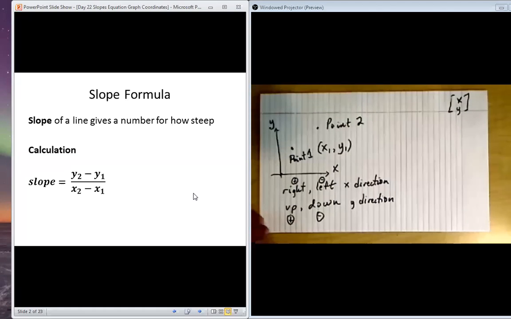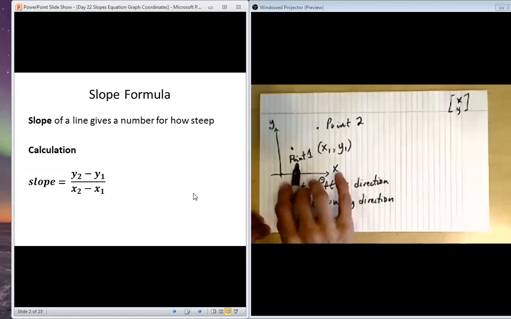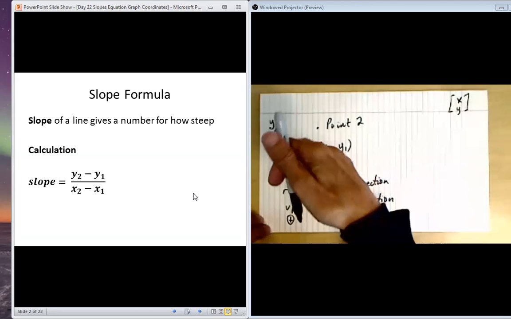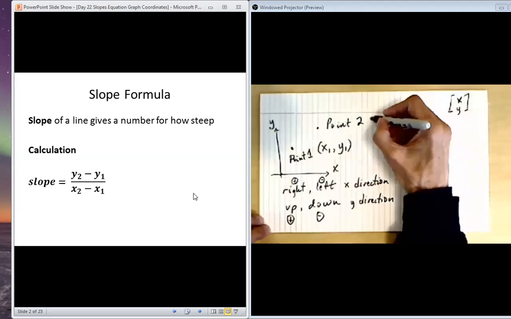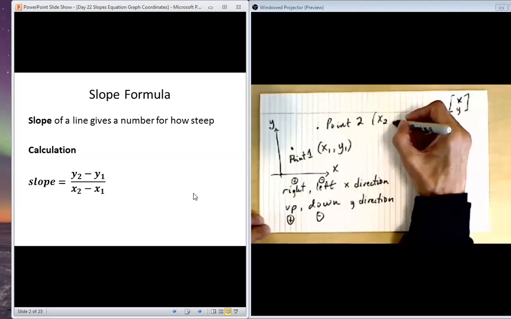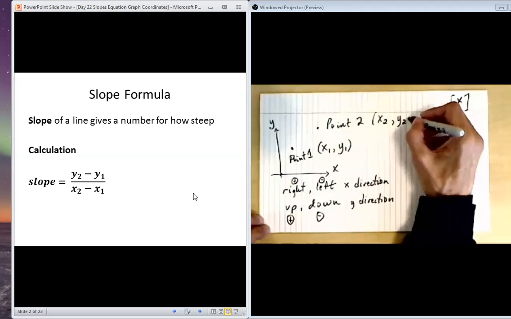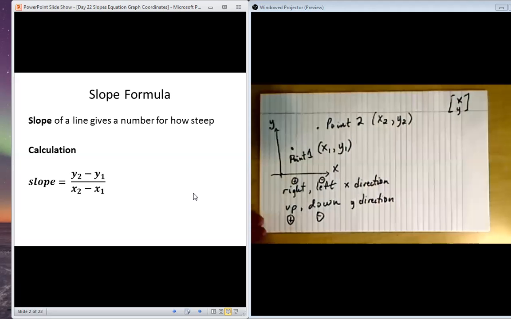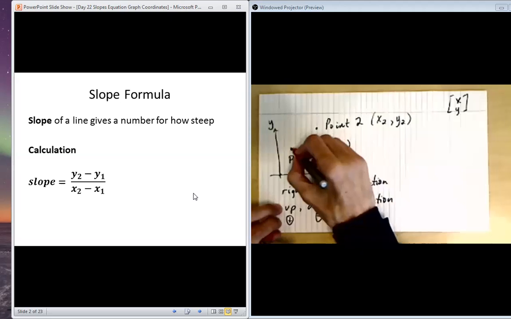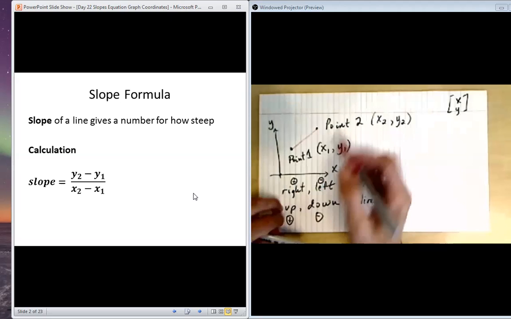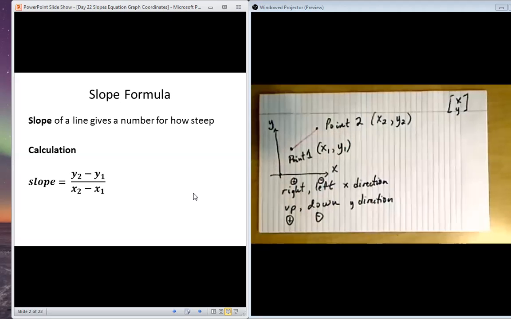So x1 for the left right of point 1, y1 for the up down of point 1. Same for point 2. X direction, left right, up down for the point 2 there. What we can do is connect and imagine that there's a line connecting those two points with one another.